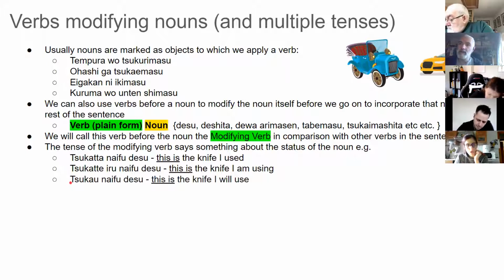And then let's just see this in the normal present future tense. Tsukau naifu desu. This is the knife that I will use. Or it could mean this is the knife that I use on a regular basis, because we can use the present future verb tsukau to both talk about the future, but also things that you do on a regular basis.